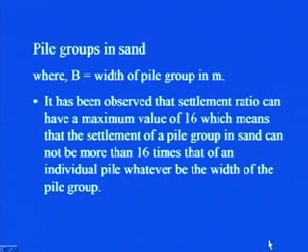It has been observed that the settlement ratio can have a maximum value of 16, which means that the settlement of a pile group in sand cannot be more than 16 times that of an individual pile, whatever be the width of the pile group.